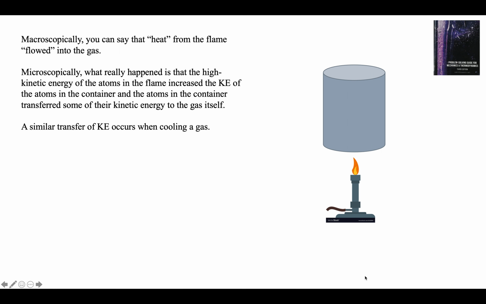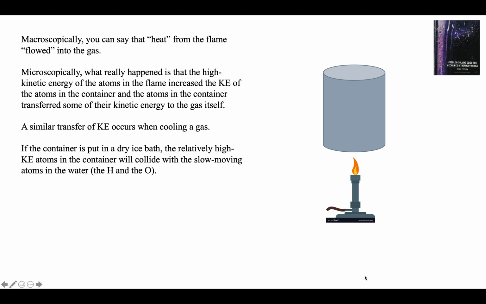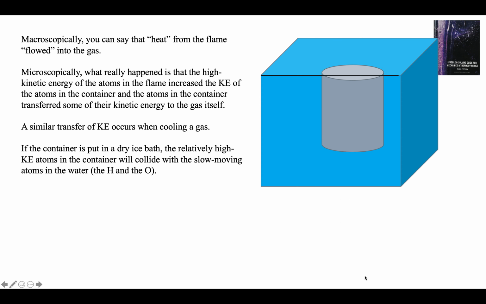A similar effect happens when you cool a gas. So we have this container of helium, and let's put it in a dry ice bath. So now we're going to slow down the atoms in the wall of the container. There's our dry ice bath. Now the H and the O in the dry ice bath are going to be moving very slowly.